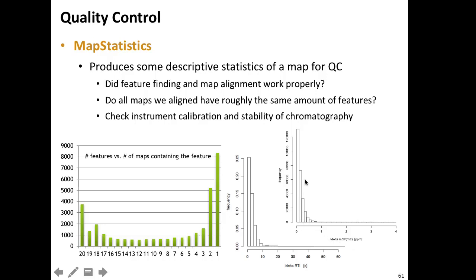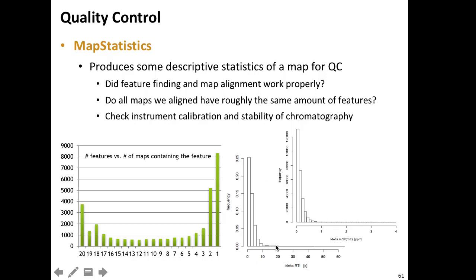That's basically the stability of the mass within the same feature. And if you see that this goes up beyond what you would expect from your instrument accuracy, then you have a calibration problem. And in this case here, we see the mean is certainly below 0.5 ppm, so that looks fine. But if you see that going all over the place, then you got an issue.